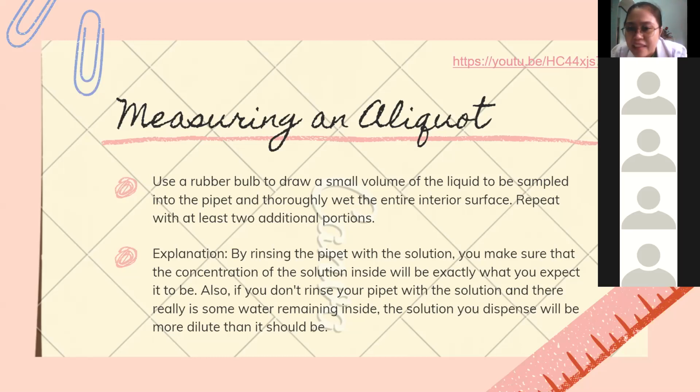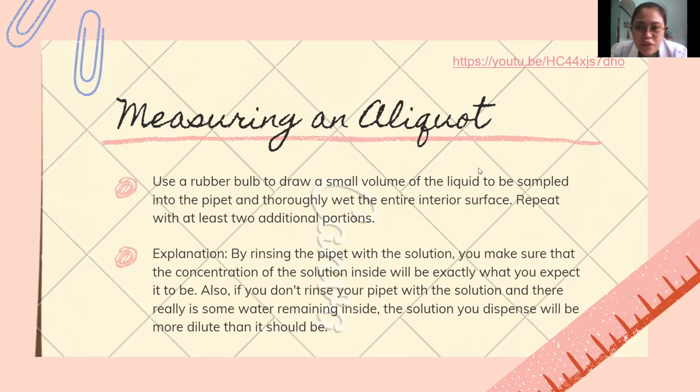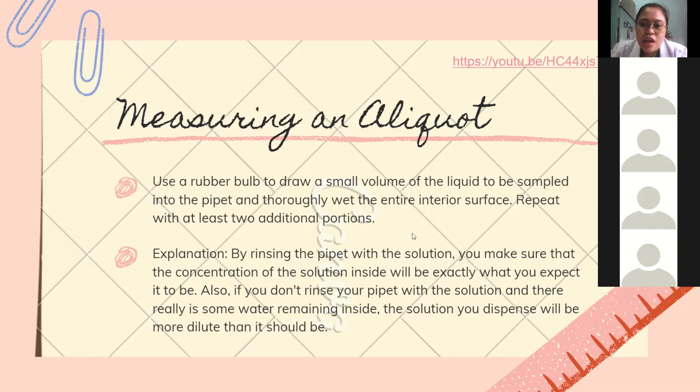Now, bakit natin ito ginagawa? Yun yung dapat yung answeran sa question na explain why are we going to do this procedure. But take note of this, by rinsing the pipette with a solution to be used, you are making sure na yung concentration of the solution inside will be exactly what you expect it to be. So this one is actually a calibration na process.